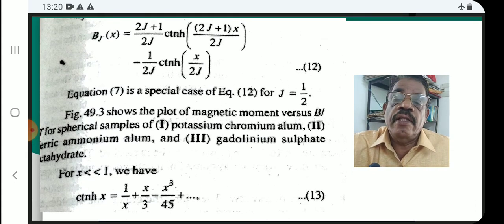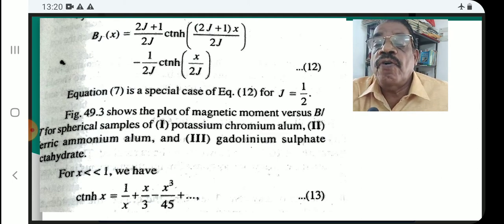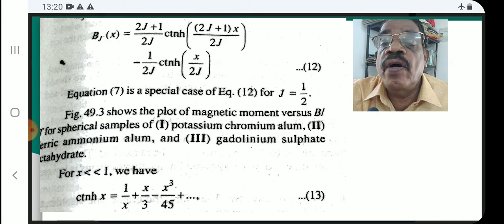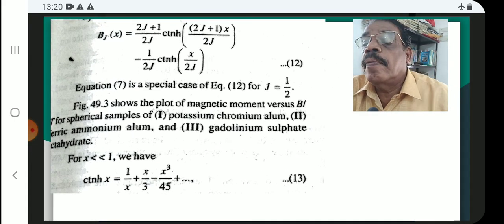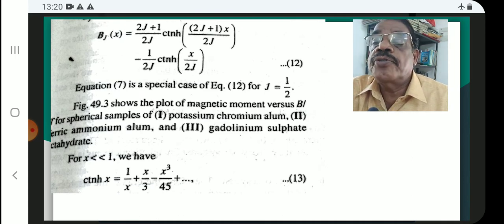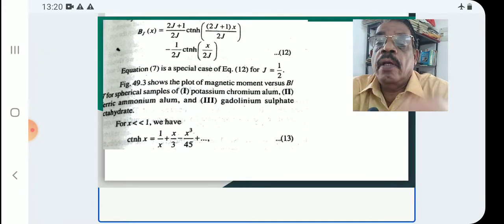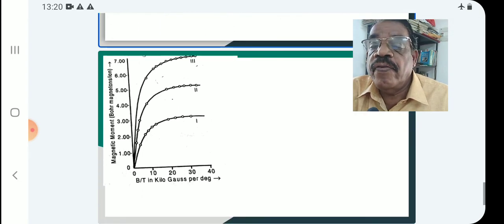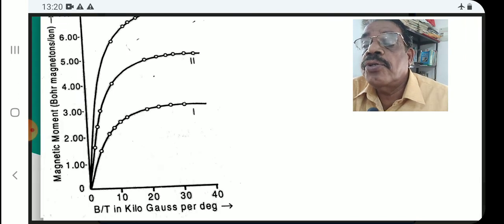Figure 49.3, in the next image, shows a plot of magnetic moment versus the quantity in the graph we can see. This is the graph. In the x-axis, B by T in kilo Gauss per degree is taken.